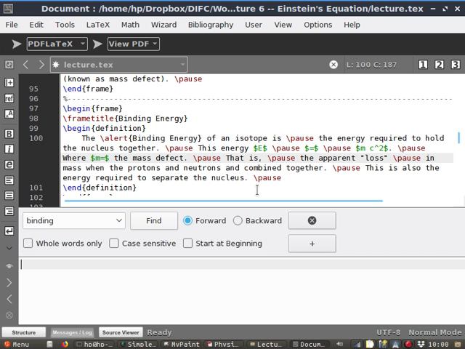This is the energy also required to separate the nucleus. That is, it is the kinetic energy needed to break the nuclei apart.